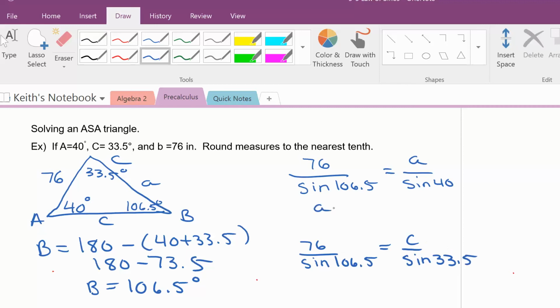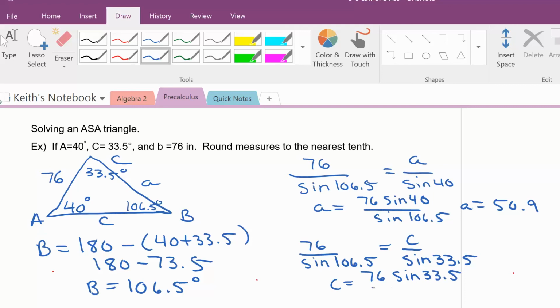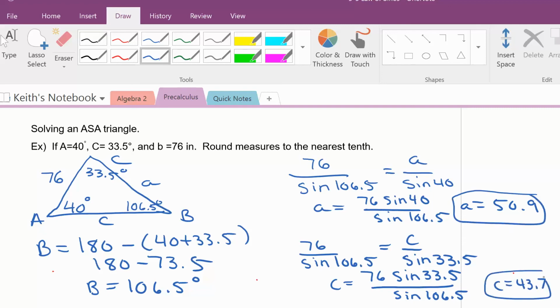So then when you solve, A is equal to 76 sine 40 divided by sine 106.5. So when you multiply in your calculator, you get that A is equal to 50.9. And then here, C is equal to 76 sine 33.5 divided by sine 106.5. And you get C is equal to 43.7. So there are your three missing parts that you needed to find for this triangle.